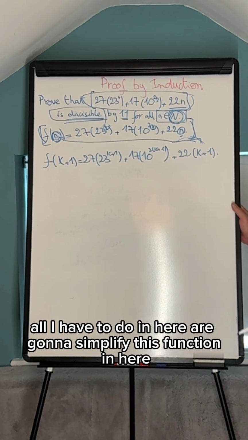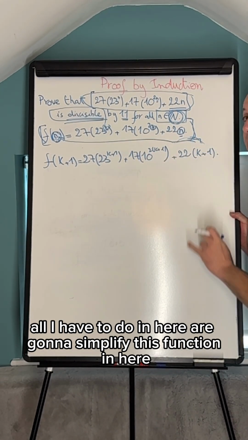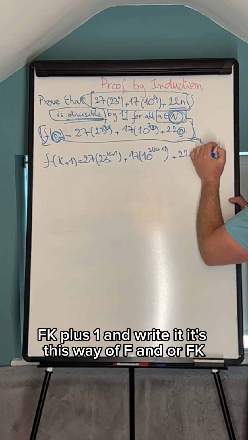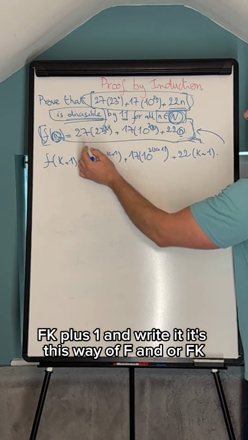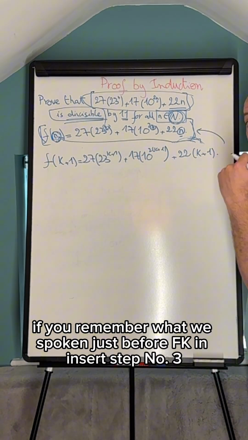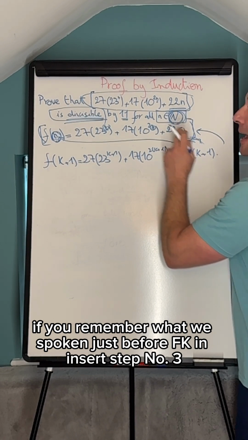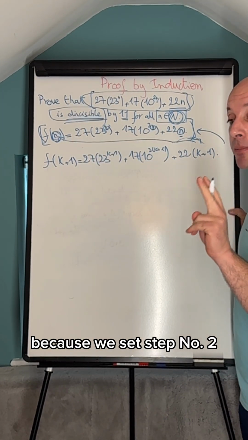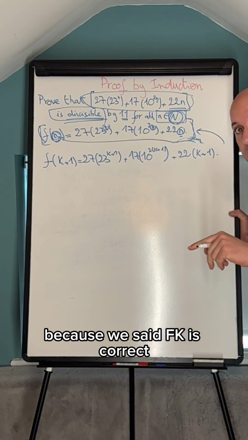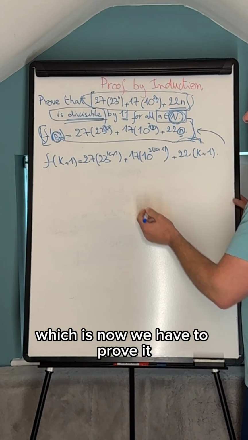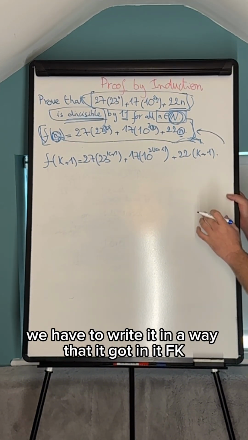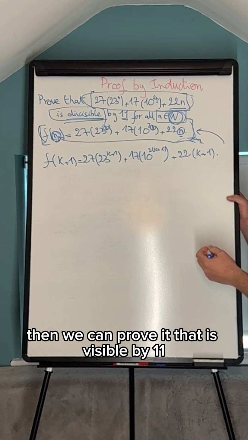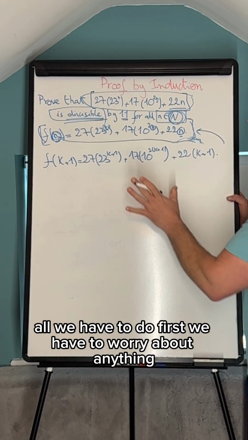All I have to do in here is simplify this function F(k+1) and write it in terms of Fn or Fk. If you remember what we spoke just before, for step number 3, because we said in step number 2 that Fk is correct, now we have to prove it. We have to write it in a way that it has Fk in it, then we can prove that it is divisible by 11.